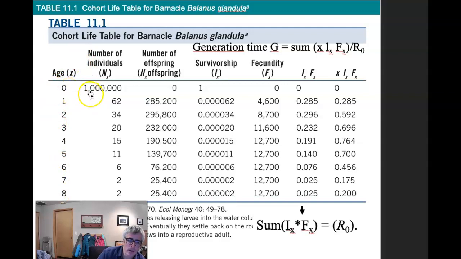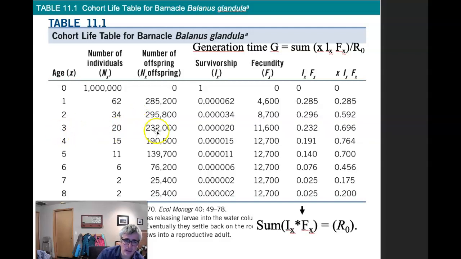So age 0, our larvae have no babies. Year 1, we've got 62 individuals. They produce a total of 285,200 offspring. Year 2, they produce nearly 300,000.